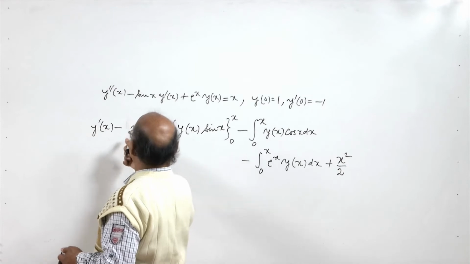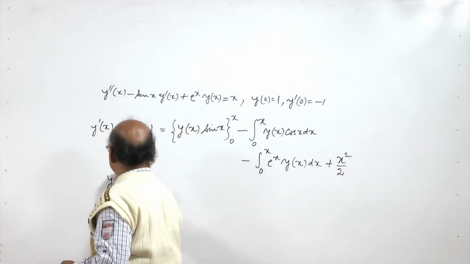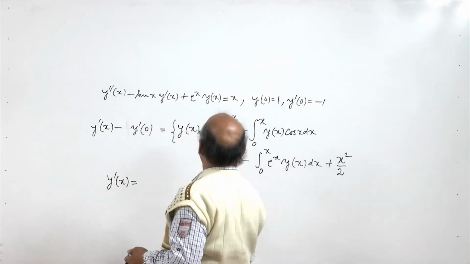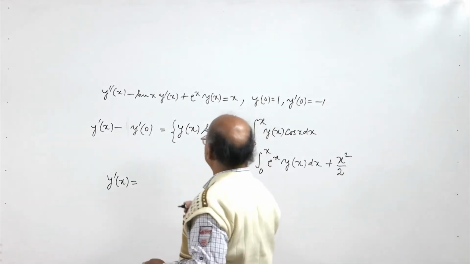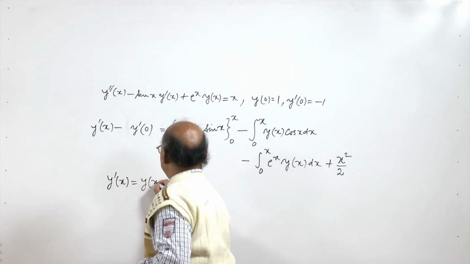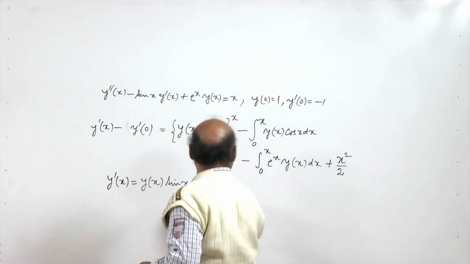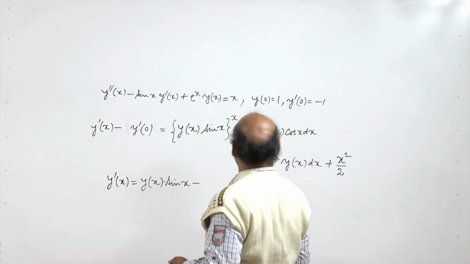So, we will have y dash x plus 1 here, and that can be taken to the other side. So, we have y dash x equal to, here y x into sin x. At x it is y x sin x, but at 0 sin x is 0. So, we shall have y x into sin x minus, we can combine these two integrals because their limits of integration are the same.